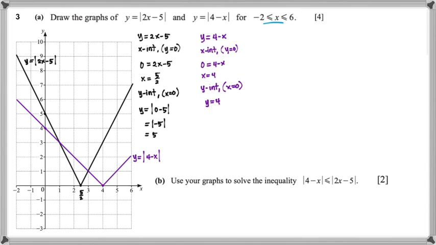Now for question B, use your graphs to solve the inequality 4 minus x is less than or equal to 2x minus 5. If it's less than or equal to, we'll be finding the set of points that are below the 2x minus 5.